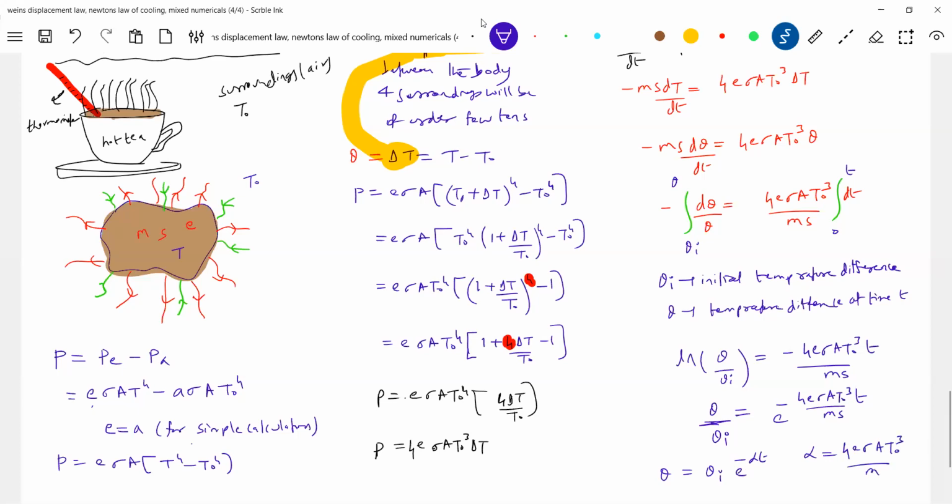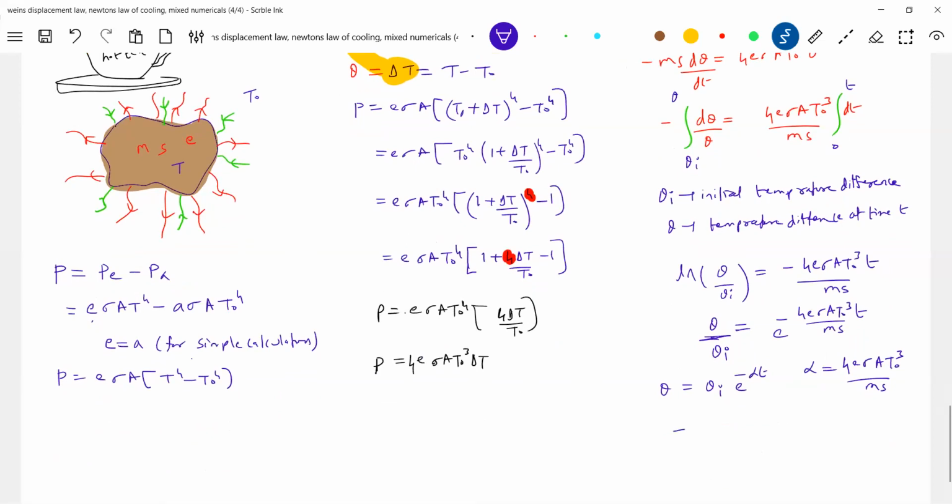It depends on all these quantities. Okay, let's come to theta. Theta is the temperature difference, no? So can we rewrite this as T minus T naught, the temperature difference at any time, equals the initial temperature difference, which is Ti, the body's initial temperature, minus T naught, the surrounding temperature, times e to the power minus alpha t.